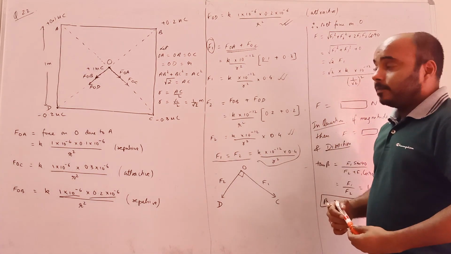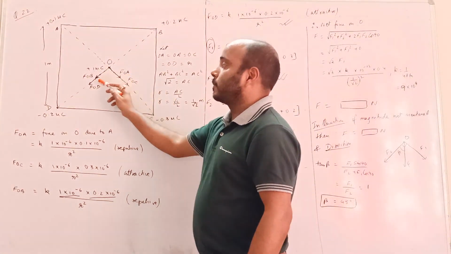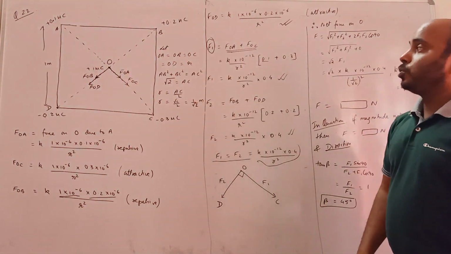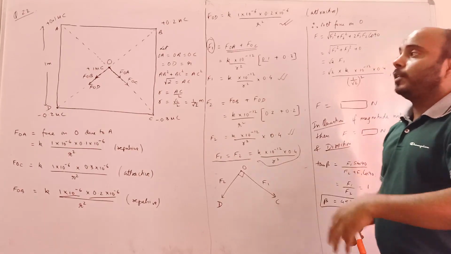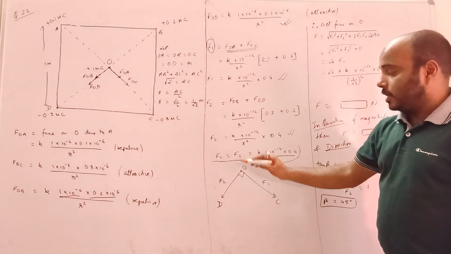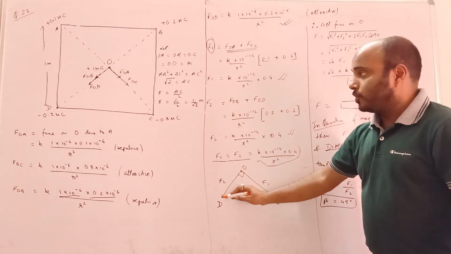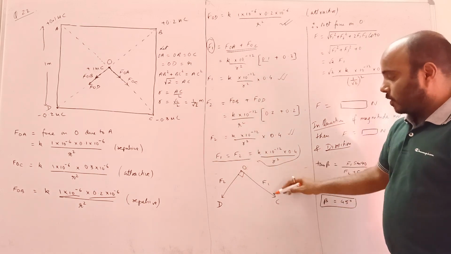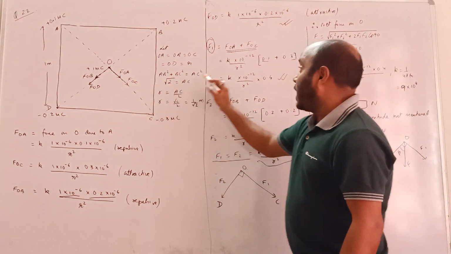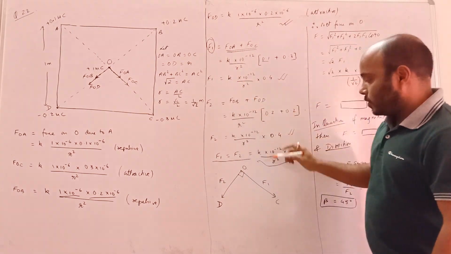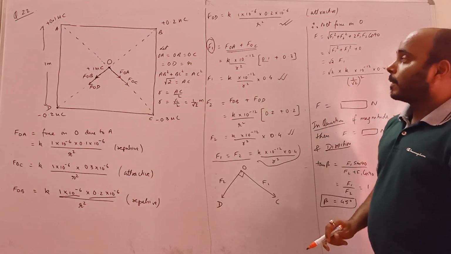Okay. Now what do I get? Initially we got 4 forces. We converted the 4 forces into 2 forces, F1 and F2. Now how will the figure look? O is here, towards D and towards C. Towards C, these 2 forces I've added and made that F1. So I'm naming it as force F1.